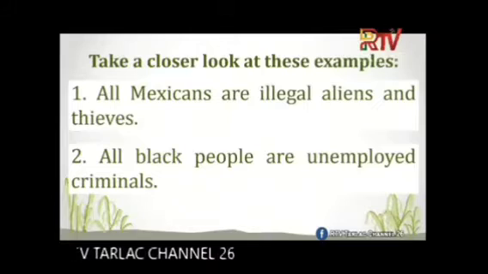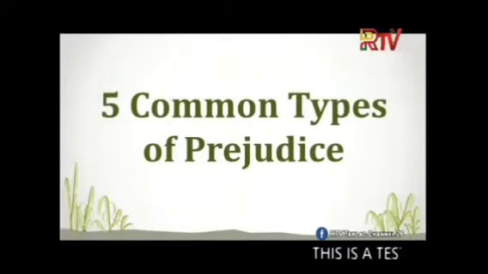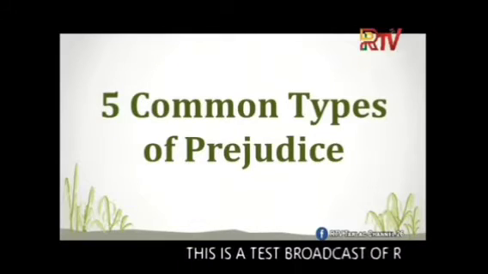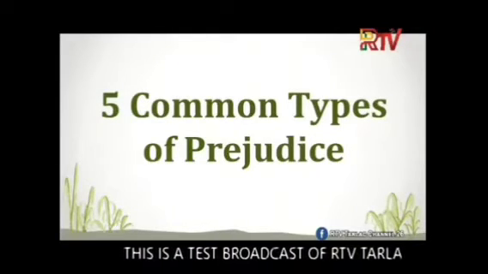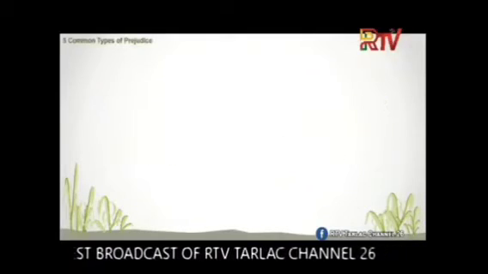As a result, both sentences are obviously considered prejudice. There are 5 common types of prejudices. I will show you statements illustrating different prejudices, and let's discover what type of prejudice the sentences illustrate.